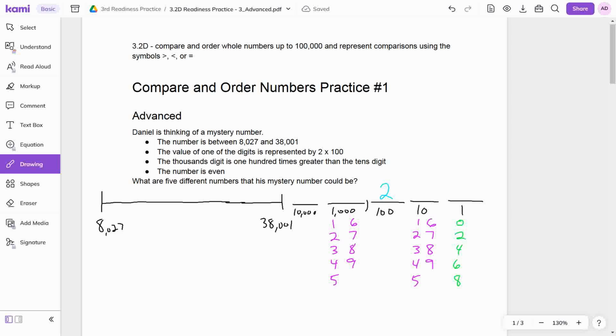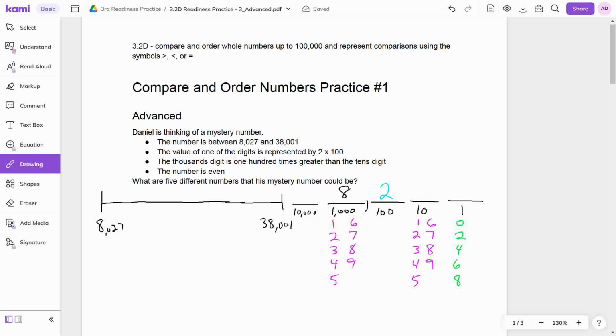Well, it needs to be larger than 8,000, and it needs to have a 2 in the hundreds place, right? So let's start with that. Let's start with the lowest number that we could choose. Okay, so I could choose, let's see, an 8,000, right?